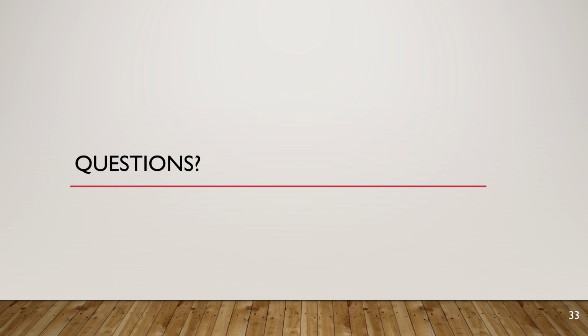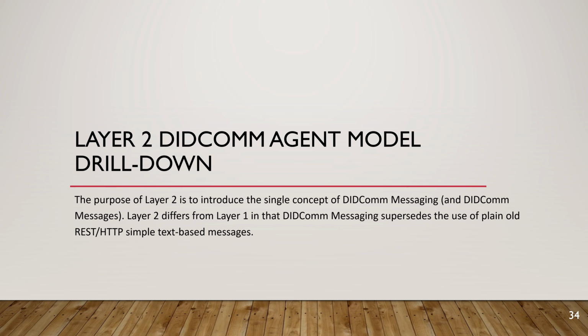So we can in turn get the numerical IP address and port and send the message across. So let's take that layer now and move to the right and layer 2.